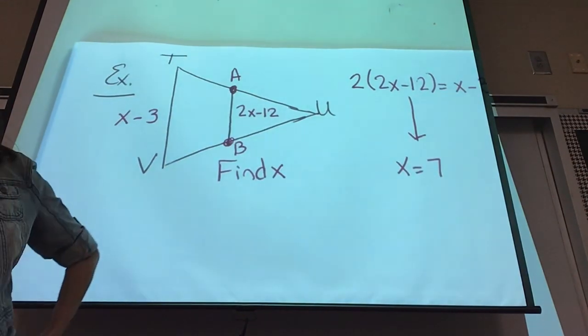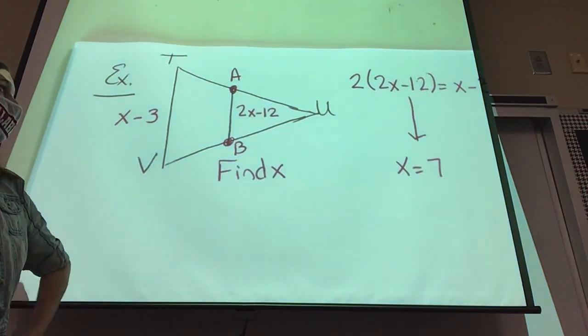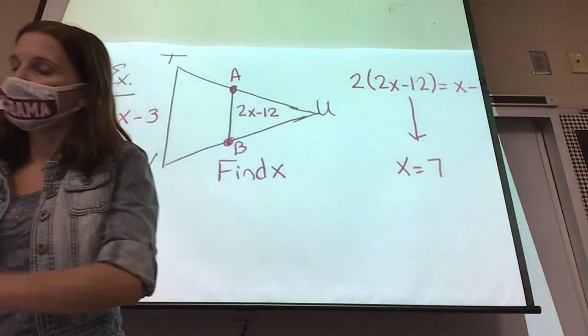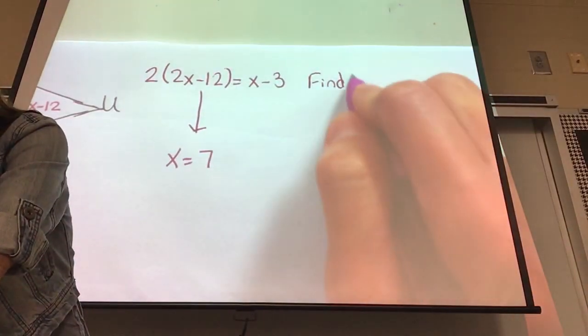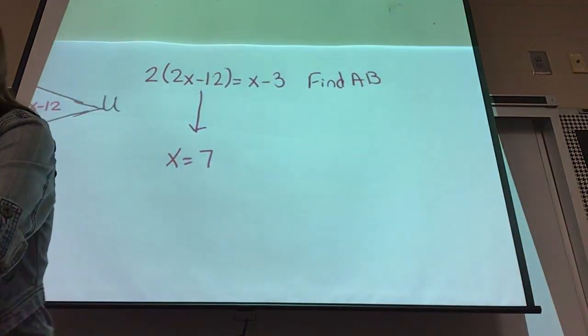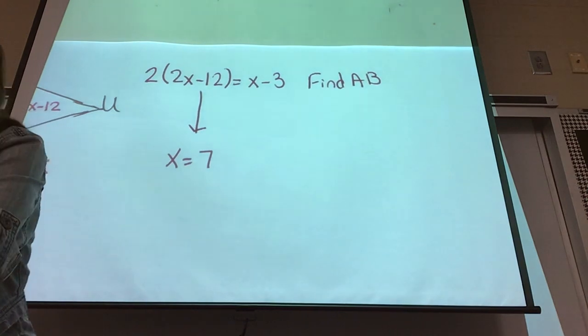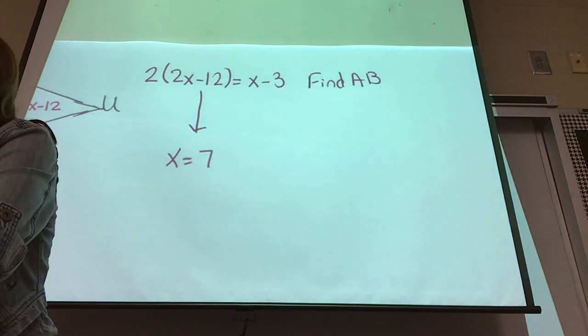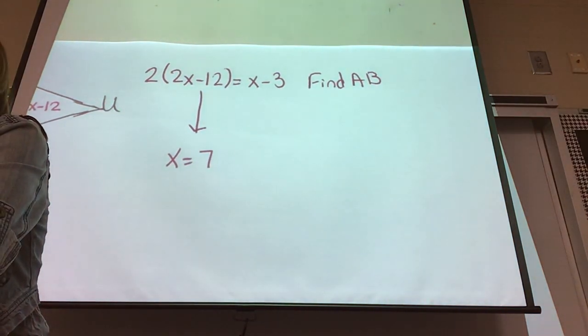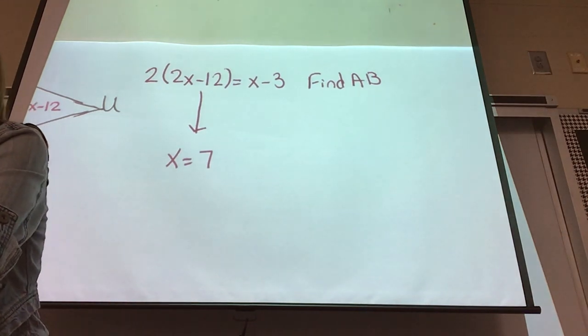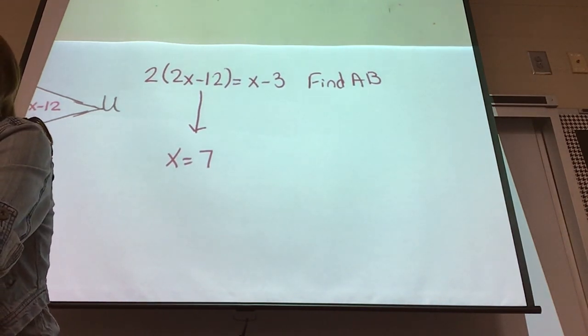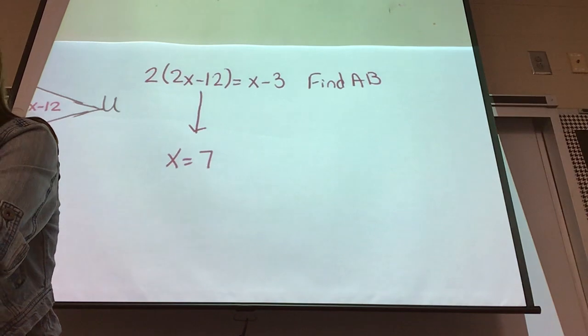What if I label it AB, and I say, now I want you to find AB? Just like we've done 100 times before, now that I know x, how do I find AB? Just plug it back in.